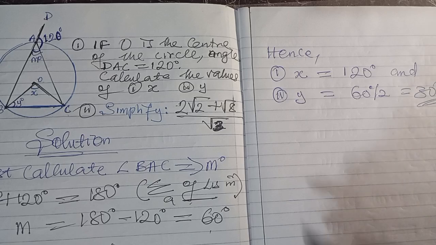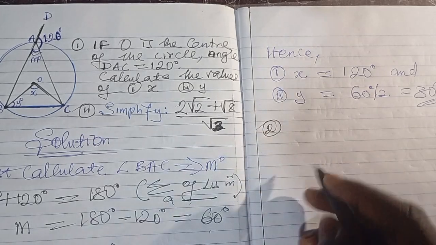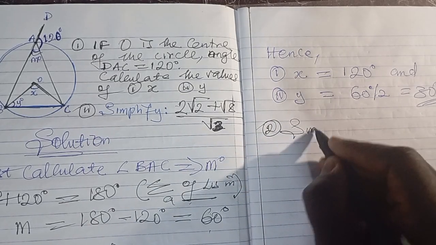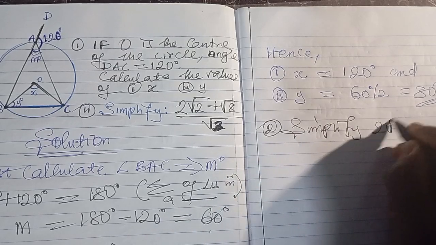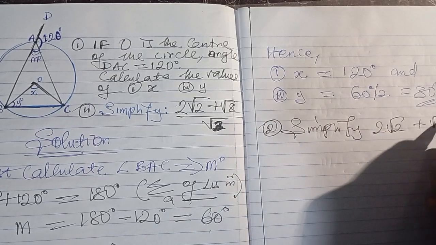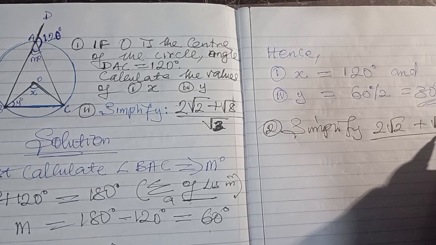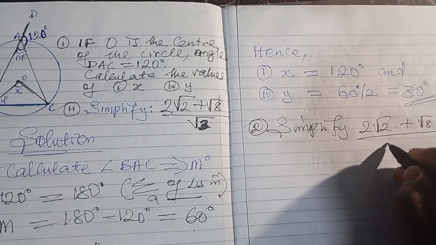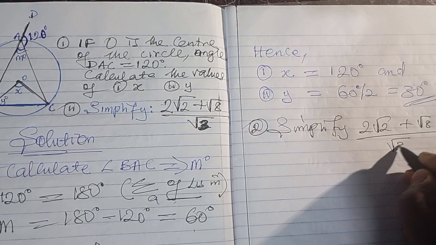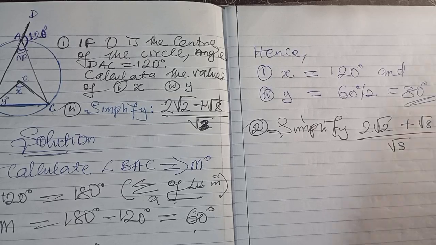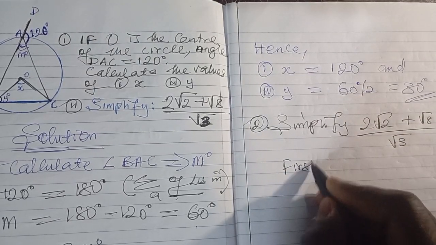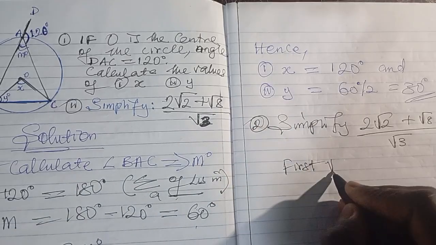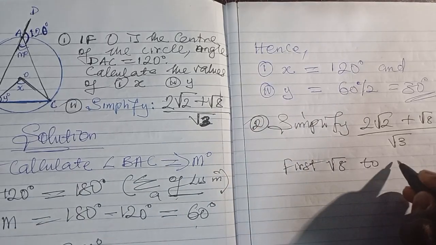Now, we are required to simplify 2 root 2 plus root 8, all divided by root 3. Alright, let's go. First, reduce root 8 to its basic form.